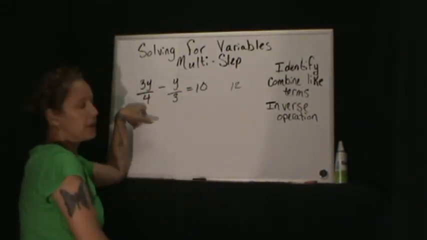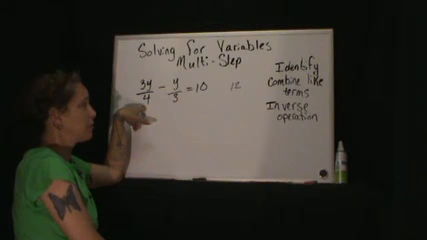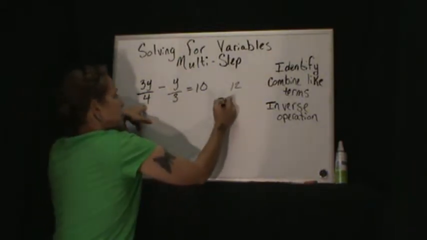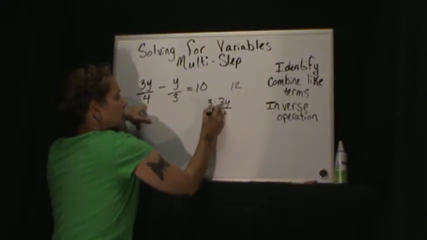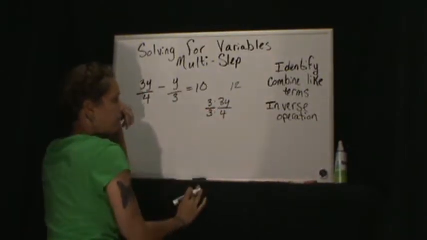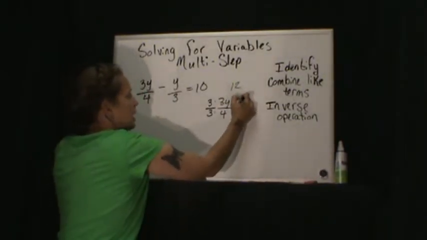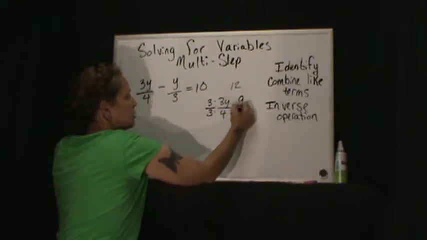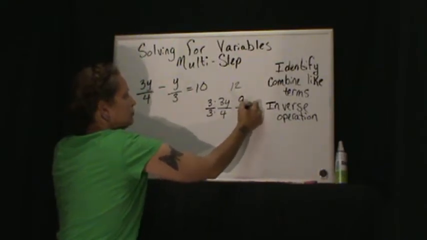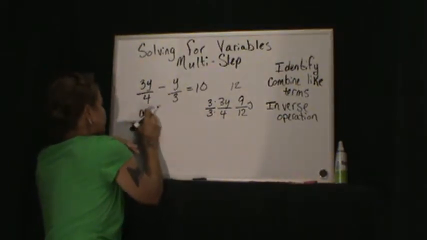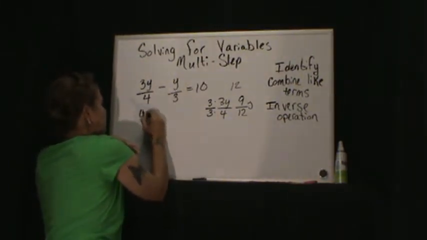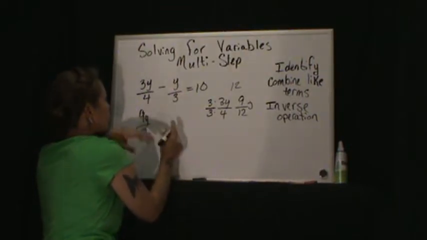So to make a 4 into a 12, we would multiply by 3. So we would take the fraction and multiply top and bottom by 3. 3 times 3 is 9. 3 times 4 is 12. So this becomes 9y over 12.